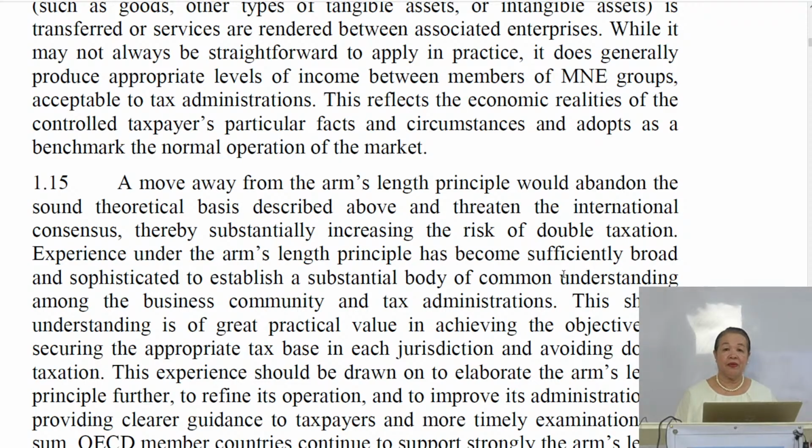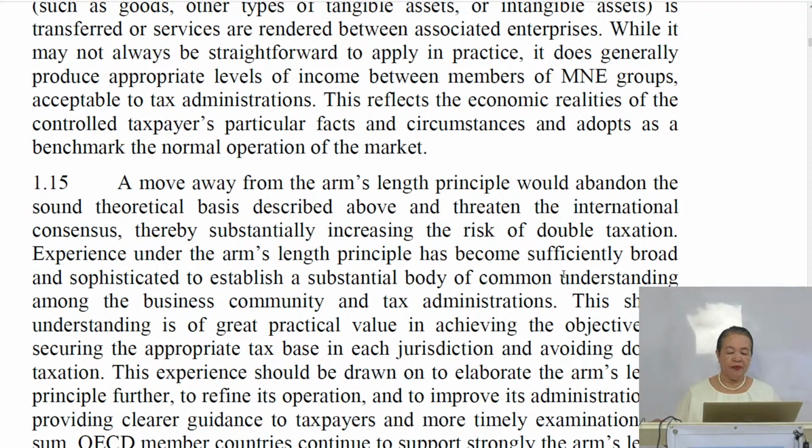So the market is very complicated, adding to that the economic conditions. That's why we always go back to the five comparability factors that guide us in making the arm's length analysis, because those five comparability factors are very helpful in making a comparability analysis.